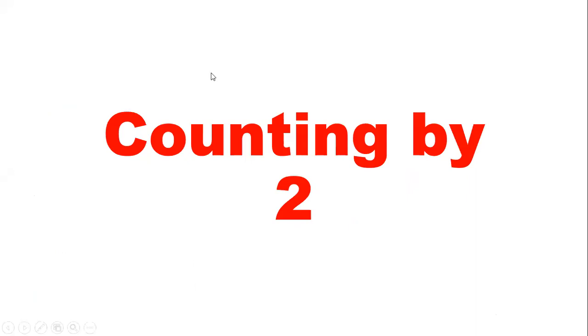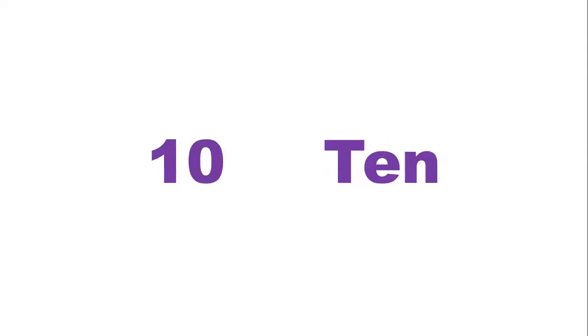So if you can help me, we'll start at 0. What comes next if we're counting by 2? Plus 2. 0, 2. 2 plus 2 is 4. 4 plus 2 is 6. 6 plus 2 is 8. 8 plus 2 is 10. I'm just going to say the rest of the numbers.